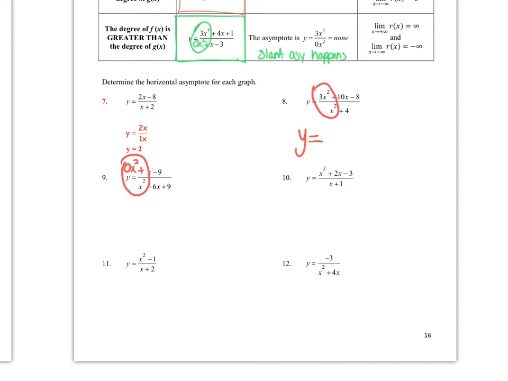How do you add it without changing the problem? It's a 0. Over here, you got to add it. How do you add it without changing the problem? It's a 0. So going back to question 8, what's 3x squared divided by 1x squared? It's 3. So your horizontal asymptote is y equals 3.